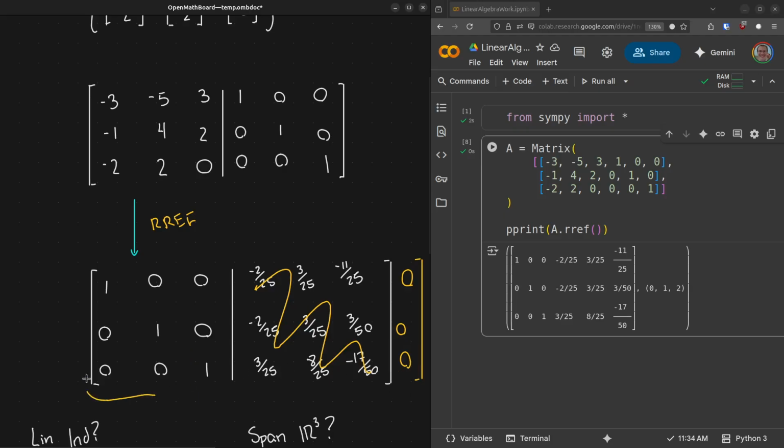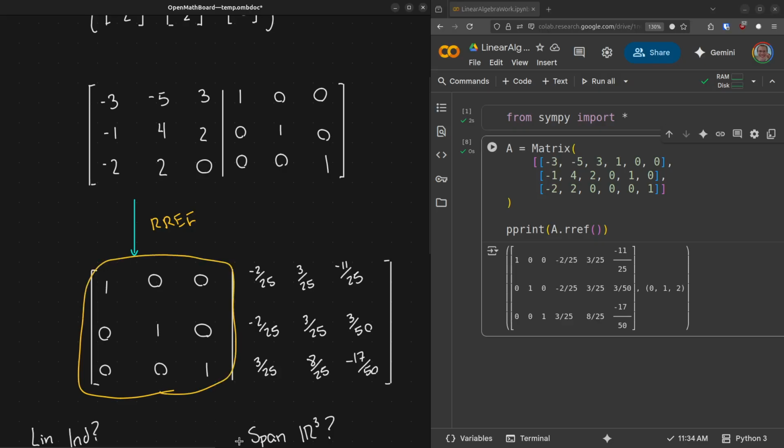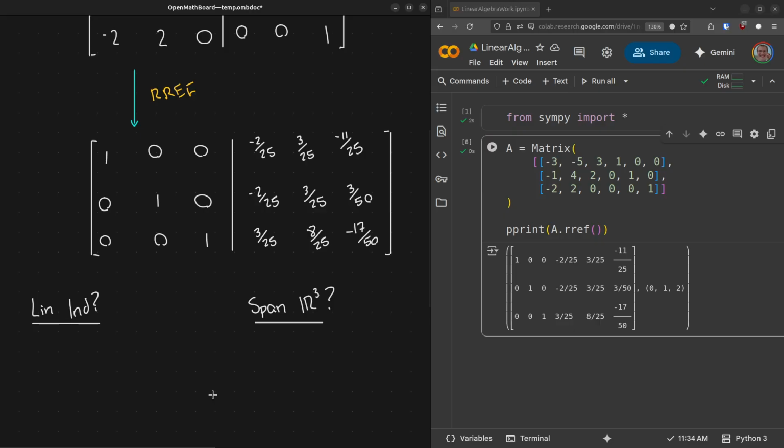In other words, if I look at just the coefficient matrix here, I don't have any free variables. That's really what I'm looking for. Do I have any free variables? No, I don't. The rank of the matrix is 3. I have 3 columns in my coefficient matrix. Since 3 minus 3 is 0, I have no free variables. So yes, the vectors are linearly independent.